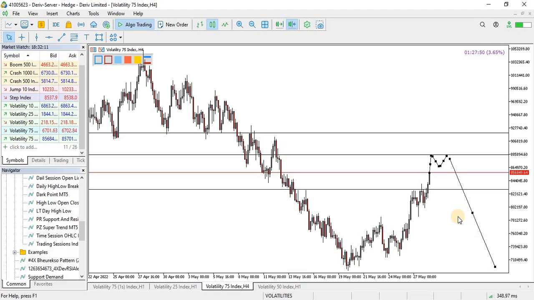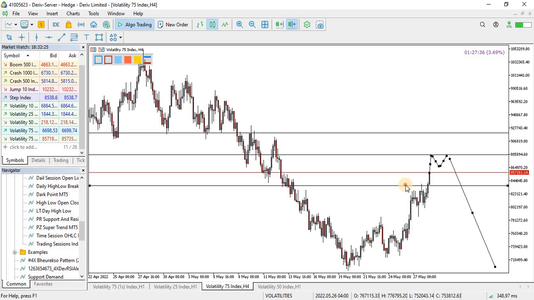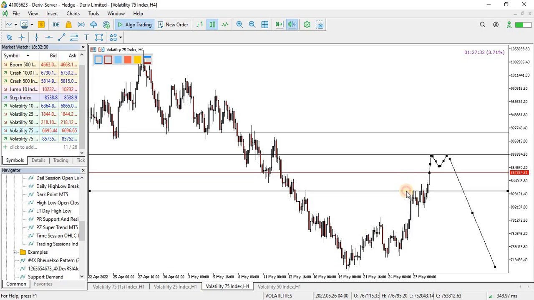So now the bias or the idea right now is for the market to come down. If there's a candle that comes down, it might not touch this zone right here because there's this wick here. So there's a possibility that the market might come back and bounce off this little wick. But like I said, I prefer the bodies, so I'll put it here.